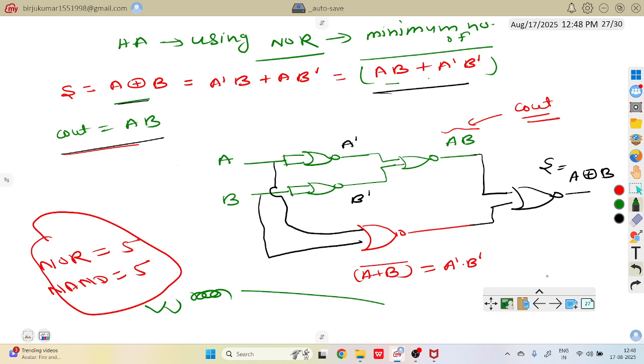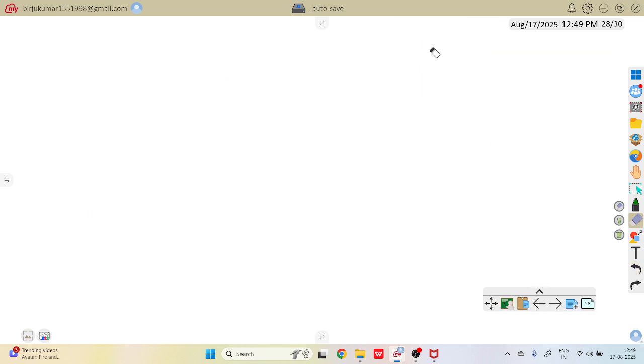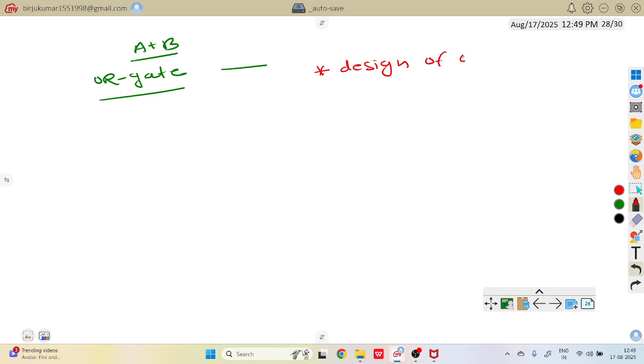And one famous interview question I will also discuss: how can you design the OR gate with the help of only the half adder? I will give you time, try to think yourself how you can design the OR gate, A plus B. I will write it: design of the OR logic gate using half adder.